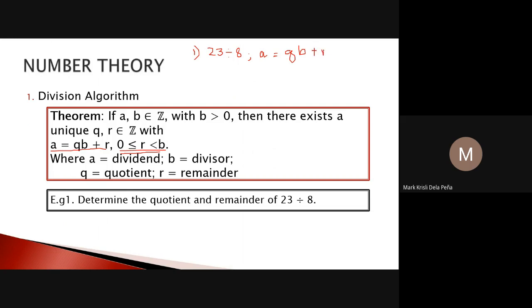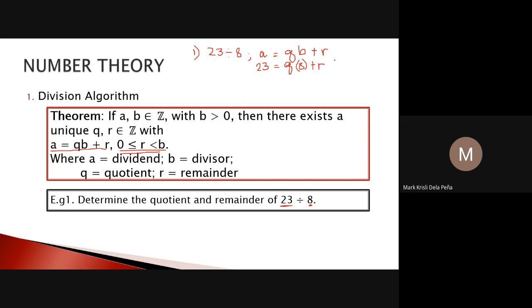So where is a? Where is b? This is a, and this is b. So we'll have 23 equal to q times b, which is 8, plus r.